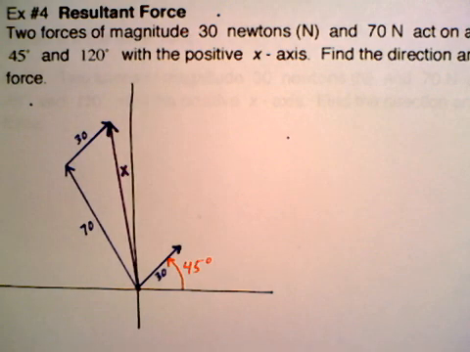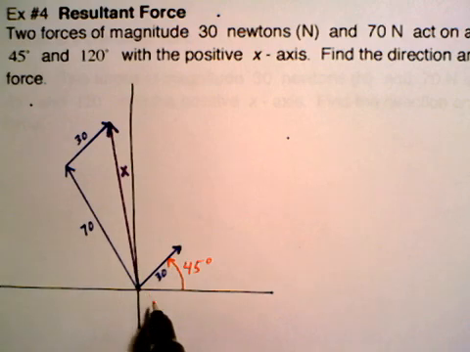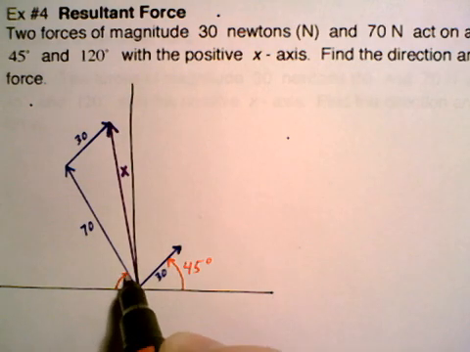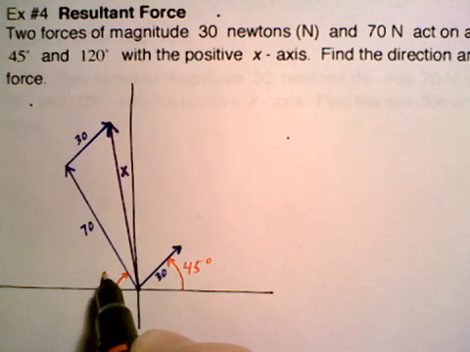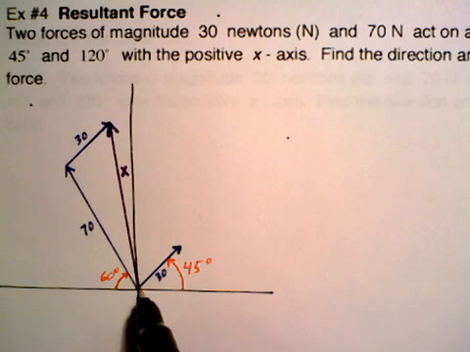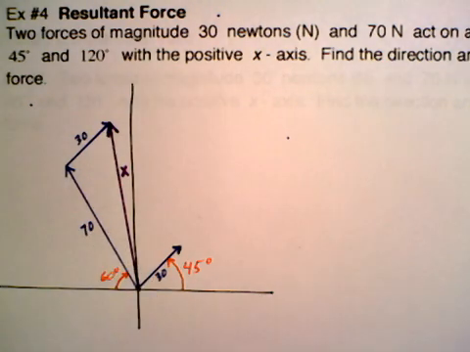Okay, so a 45-degree angle is this first force, and then the other force is at a 120-degree angle, and so we can think about that as 120 plus 60, so we're just going to tack it on to the other end here. So 120 from the horizontal to that other vector, and that's a 70 newton vector.